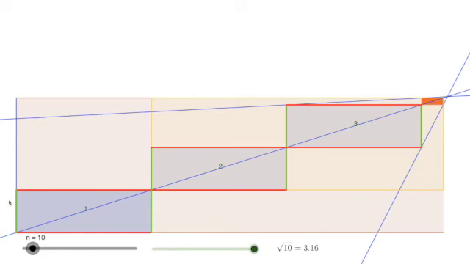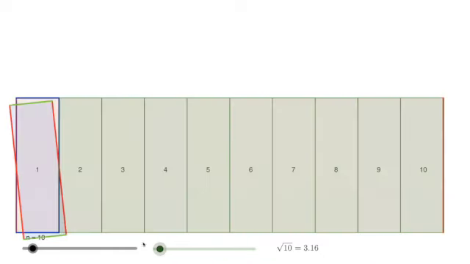Well, P and Q of this rectangle, the green and the red, are integer numbers. So you can see that this is 10 times the green, so it's an integer, and this is 1 times the red, so it's an integer. So you have 2 integers.